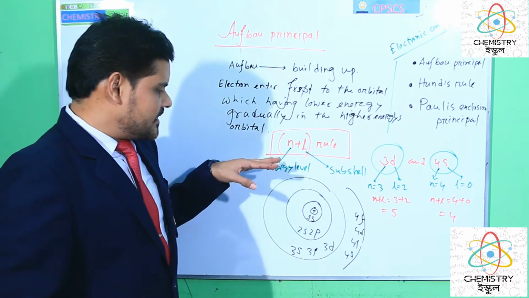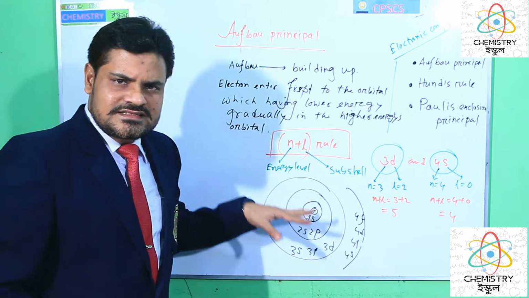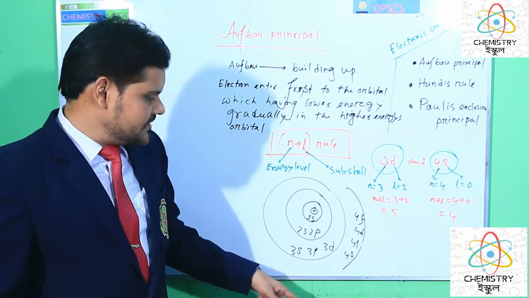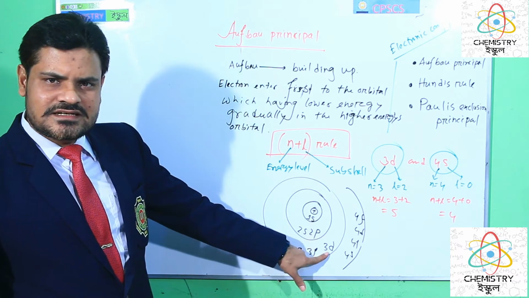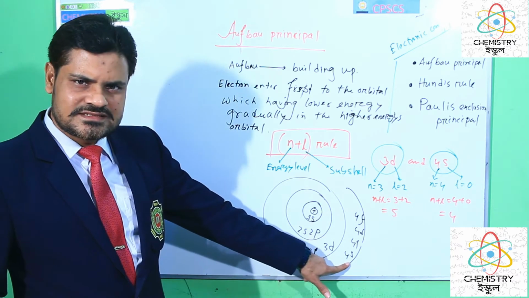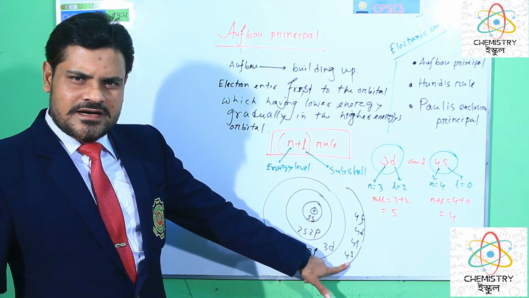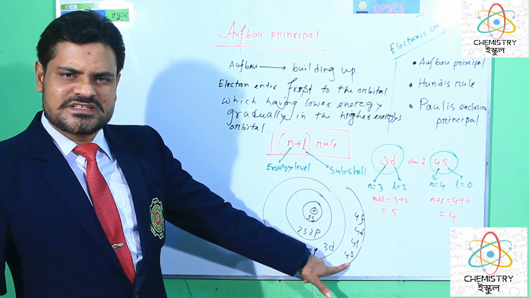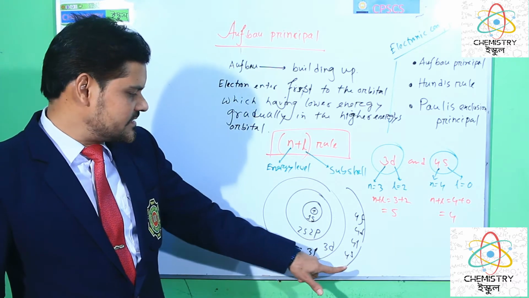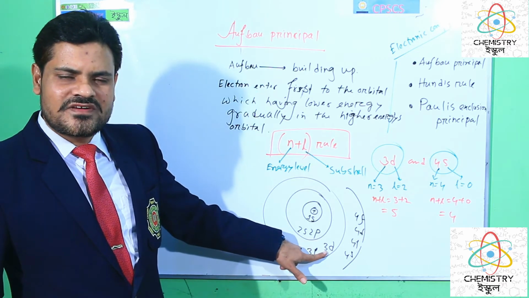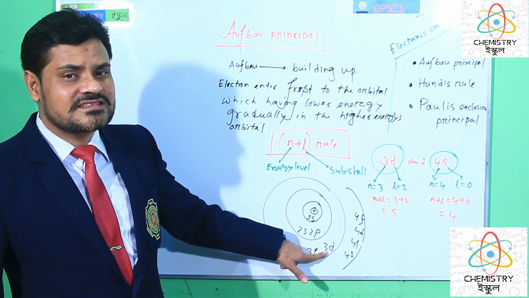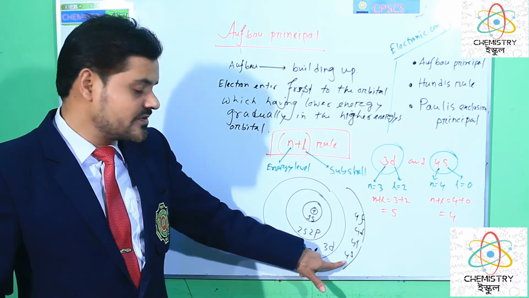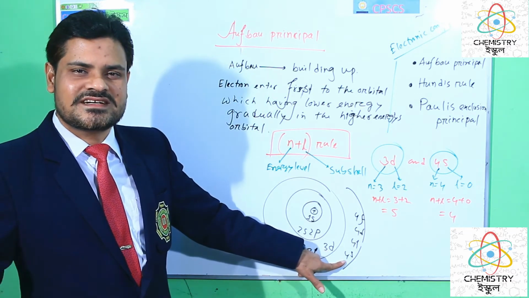According to the energy levels, 3d comes first, then 4s. So the regular principle shows that the electron should enter first to the 3d, because 3d is in the third energy level and 4s is in the fourth energy level, I mean the next energy level.